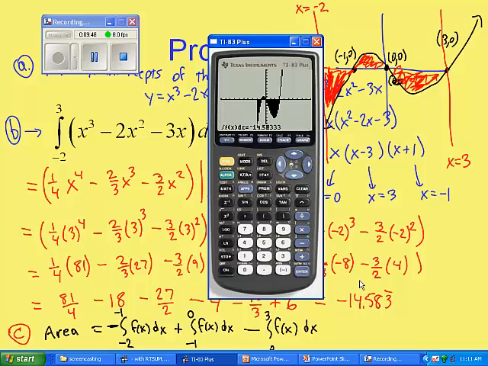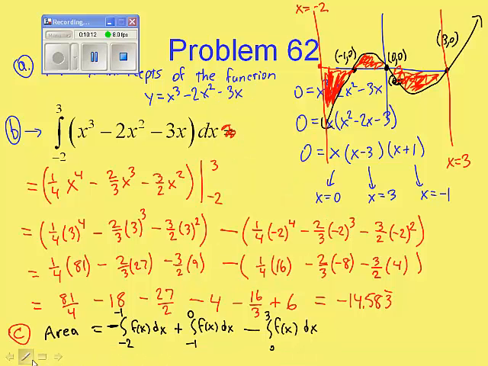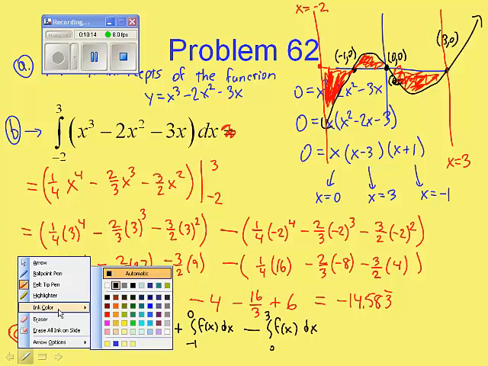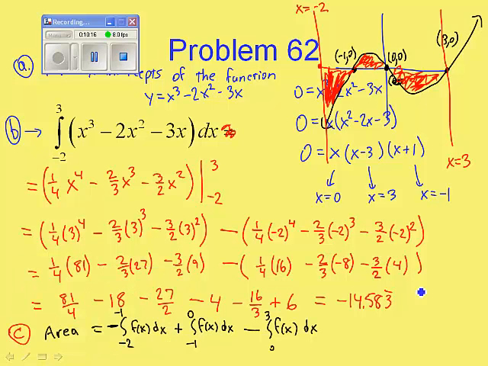But now if I say, what's the actual area? Well, choice 7 again. Let's go from -2 to -1. And I got -3.91. So what I want to do, I want to add 3.91, right? So here, I'm running out of colors. Let's go back to blue.